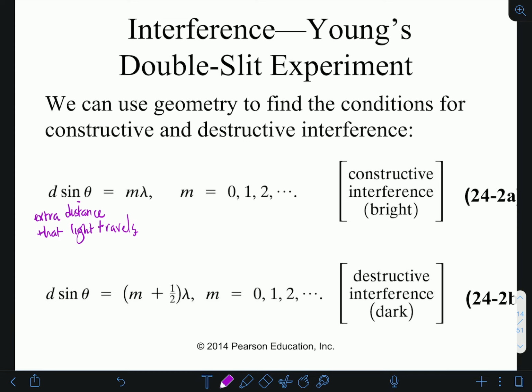If it's an integer number of wavelengths, then you're going to get constructive interference or a bright line. But if it's a half wavelength off, so in other words, if I take m plus a half, an integer plus a half, so if it's a half wavelength or 1.5 wavelengths or 2.5, then you'll get destructive interference or a dark line.